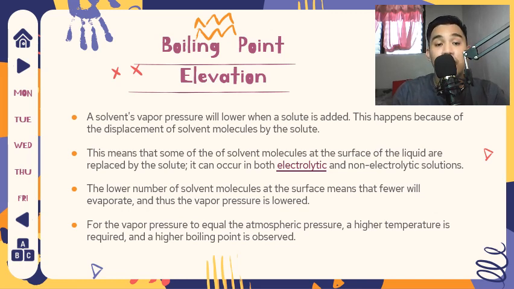The lower number of solvent molecules at the surface means that fewer will evaporate, and thus the vapor pressure is lowered. For the vapor pressure to equal the atmospheric pressure, a higher temperature is required and a higher boiling point is observed.